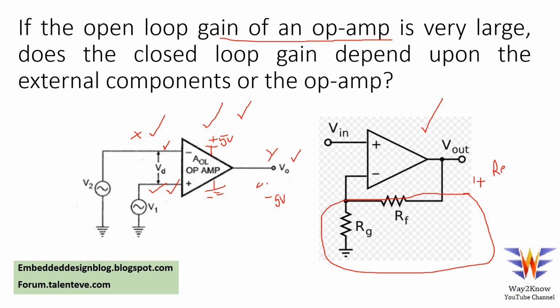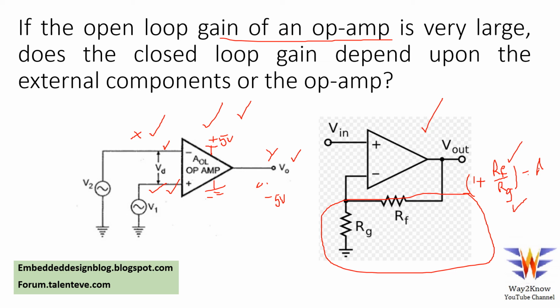As this is closed loop, the gain is given by 1 plus RF by RG, because this is a non-inverting op amp. So definitely the gain of this op amp depends on RF and RG. So RF and RG are used such that the op amp doesn't go into saturation. So that's how the resistors are selected.